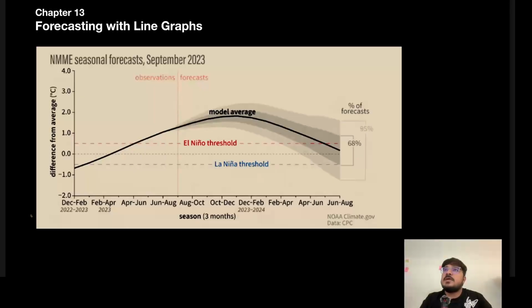The red vertical line shows the observation: on the left-hand side of that red line is the observation, and on the right-hand side it's the forecast. The black line in the middle goes somewhere there, and there is a dark gray area covering 68%, and a light gray area that covers 95% of the forecast.